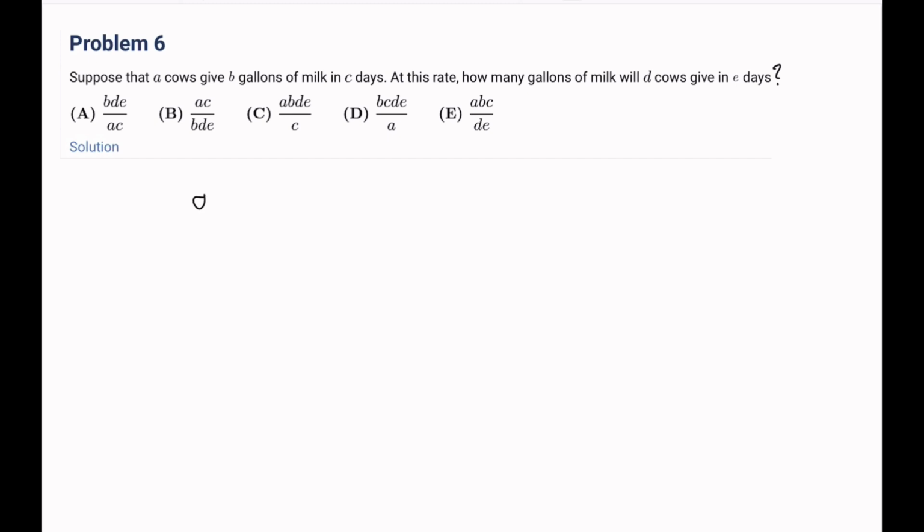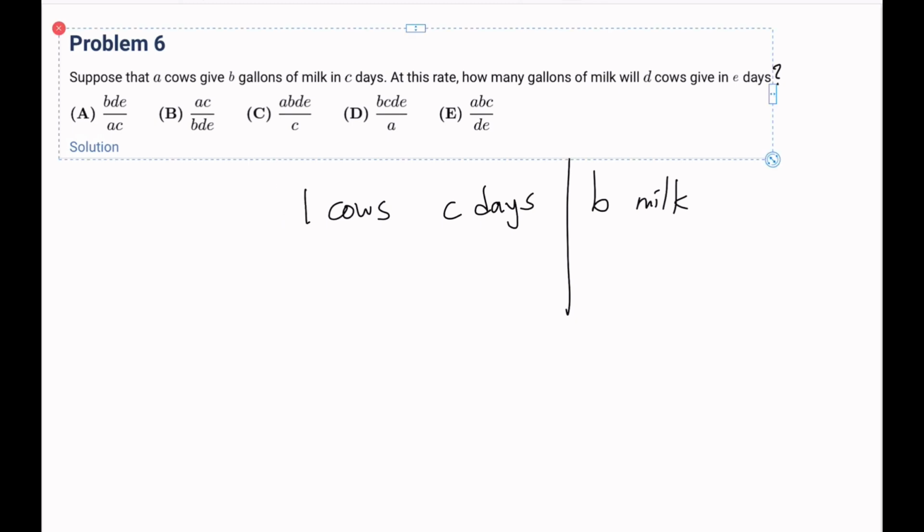So A cows in C days, they give B gallons of milk, right? And so then 1 cow in C days would give B over A.